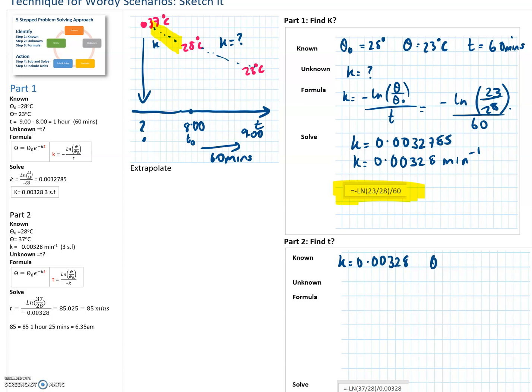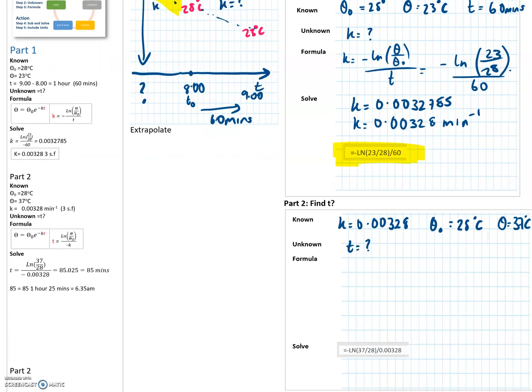We know that the original temperature was 28 degrees Celsius, and we know that theta, when the body was 37 degrees. Again, the time is what we're trying to find out, and we expect this to be a negative value and then work back from 8 in the morning.